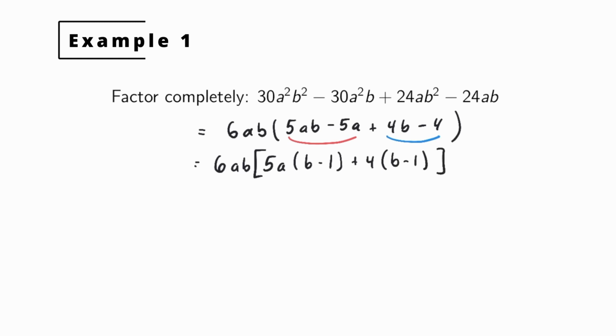Now, in these two terms in the brackets, we have this common factor of B minus 1. Factor that out, and we have 6AB times B minus 1, and then left over, we would have 5A plus 4. And again, don't forget to check: are each of your polynomial factors completely factored? In this case, they are. And then if you feel like it, check your work.